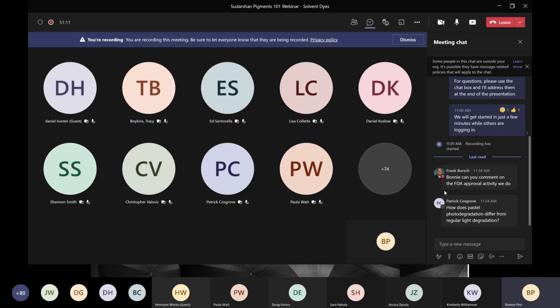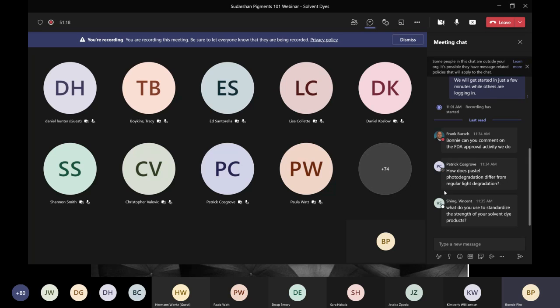Another question was, how does pastel photo degradation differ from regular light degradation? In this particular case, it is the photocatalytic activity of the TiO2 that is interfering and reacting with the chemistry of the dye to cause a degradation of the colorant in there.